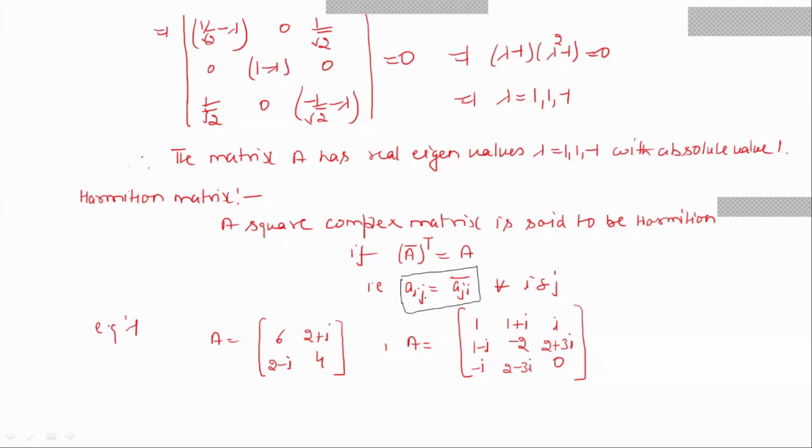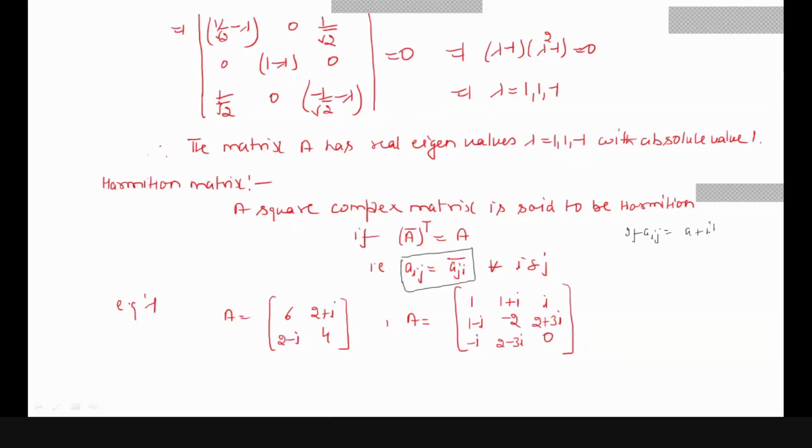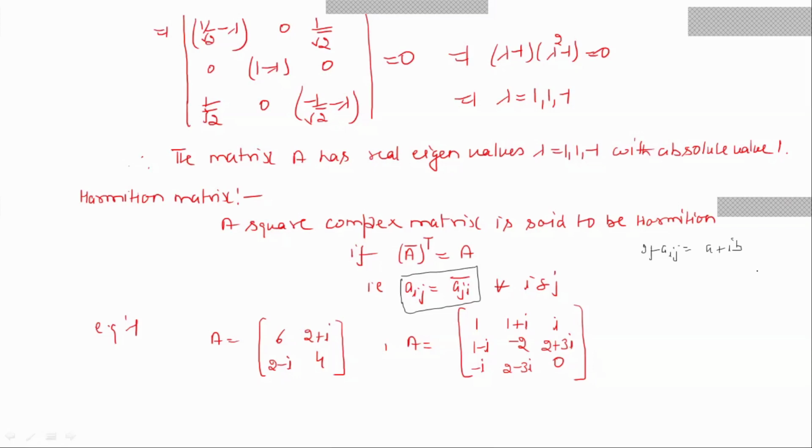Now suppose Aij is equal to A plus iota B, and then take the conjugate of Aji. So Aij is equal to A minus iota B. Cancel out, 2 iota B is equal to 0.